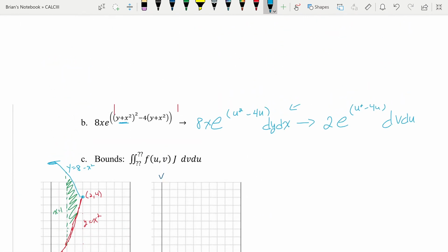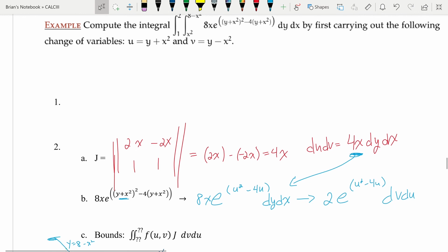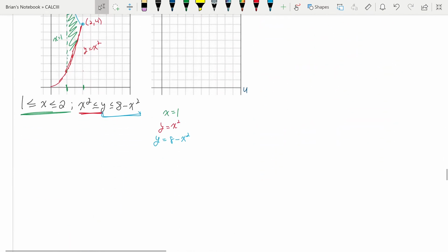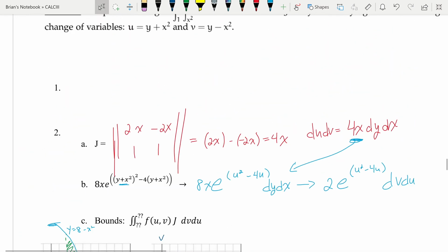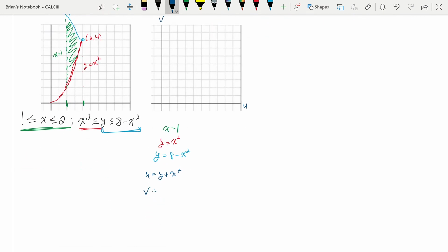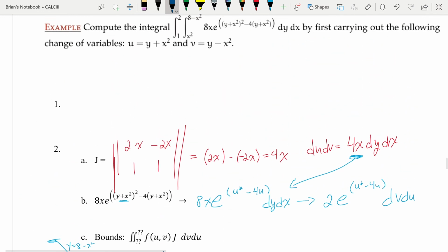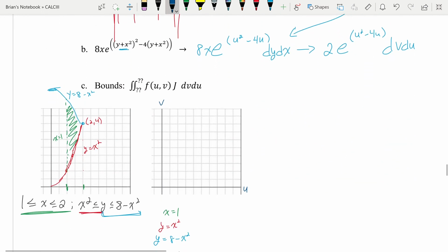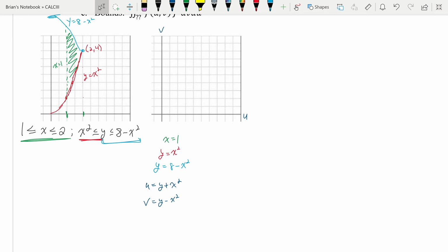Let's write our u and our v. Our u is equal to y plus x squared. And our v is equal to y minus x squared, yes. Okay, perfect. All right, so now we just have to do our substitutions.